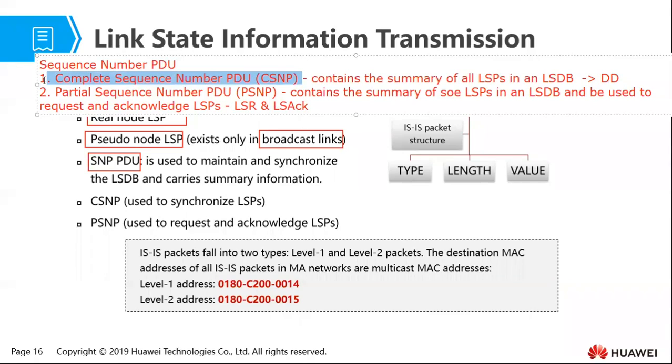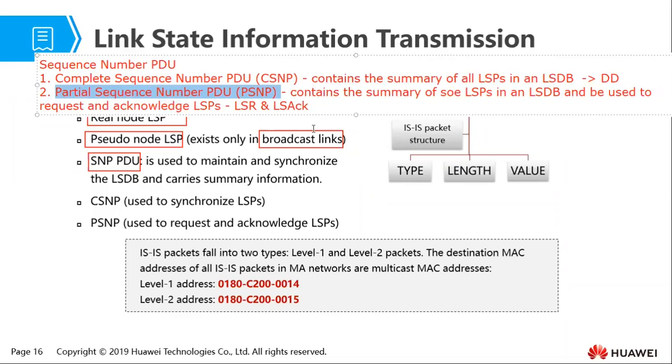So the complete list. Now, when a router receives that list, it will compare it with its own LSDB. If it finds that, hey, this guy knows how to go to Busia, but I don't know how to go to Busia, then it's going to send out a PSNP: hey, tell me how to go to Busia.